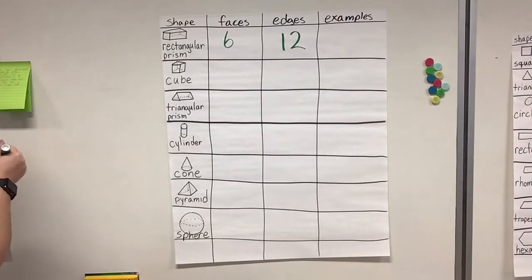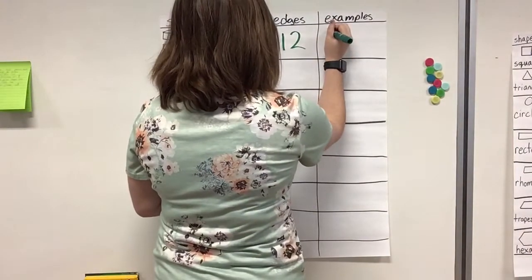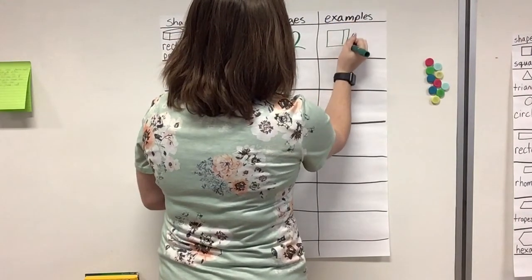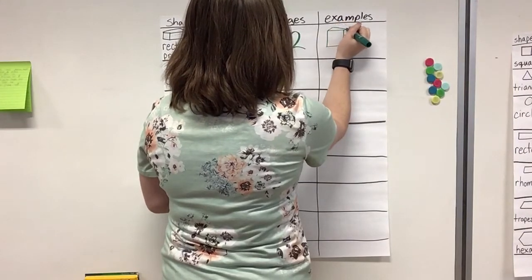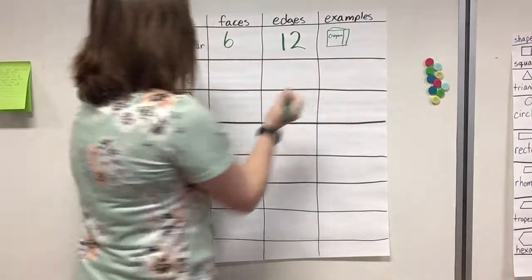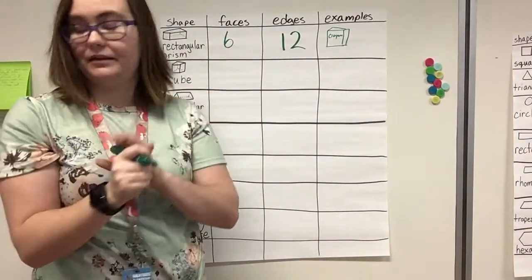When I think of a rectangular prism, I sometimes think of my box of crayons because my box of crayons is thick so it can hold all my crayons in there. But it also is kind of rectangular. It kind of looks like a rectangle.